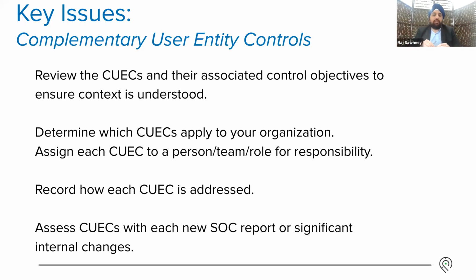The second bullet point really just goes to the point of saying, did the CUECs apply to your organization? Because you may or may not be using all of their services. So you want to make sure that it is going to be pertinent to your organization, and you're utilizing the service that the SOC report is issued for.